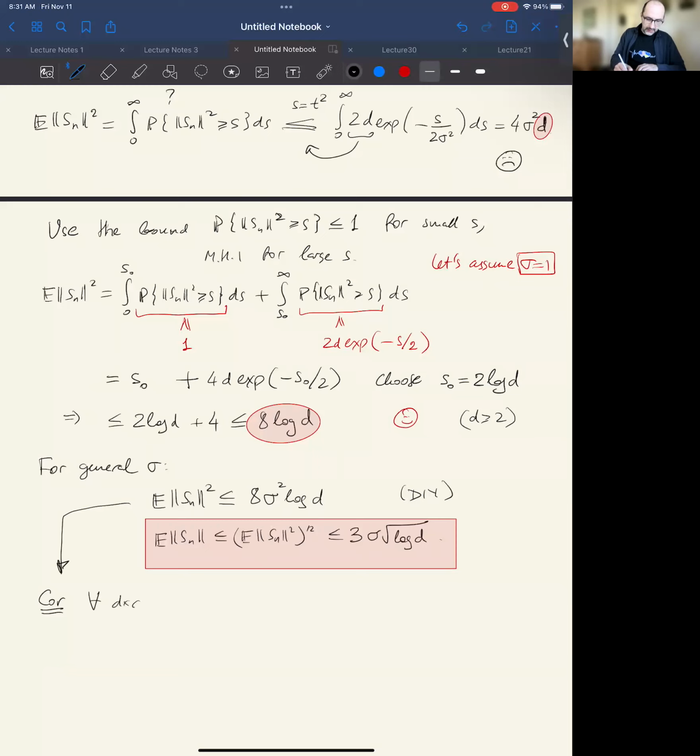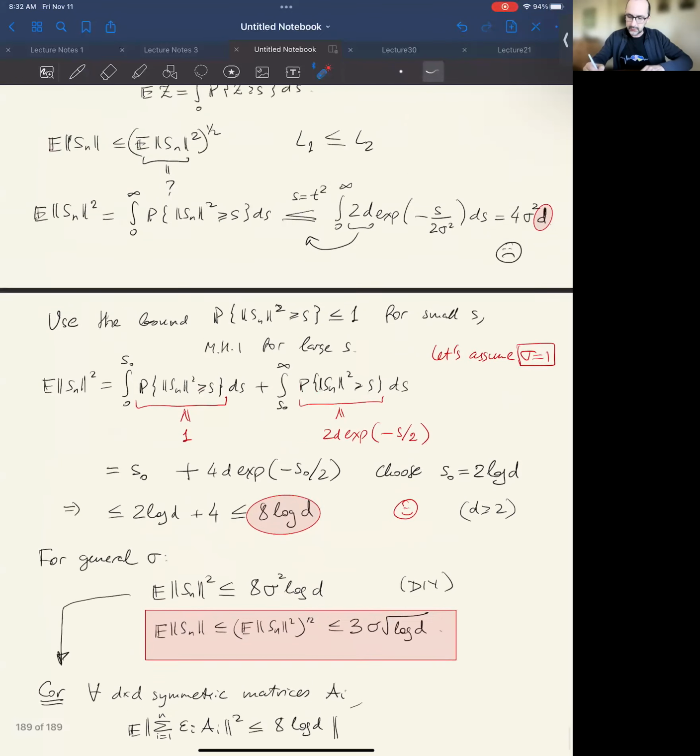For any d by d symmetric matrices Ai, we proved that Sn, the expected value of the sum of epsilon i Ai squared, is less than 8 log d times, and now we remember what sigma was, sigma squared.